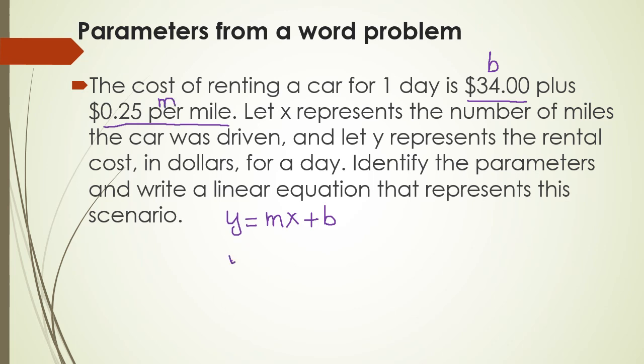So the linear equation that can represent this scenario here is y equals 0.25x plus 34, where the 0.25 is the average rate of change or the slope, and 34 is the initial value or the y-intercept.